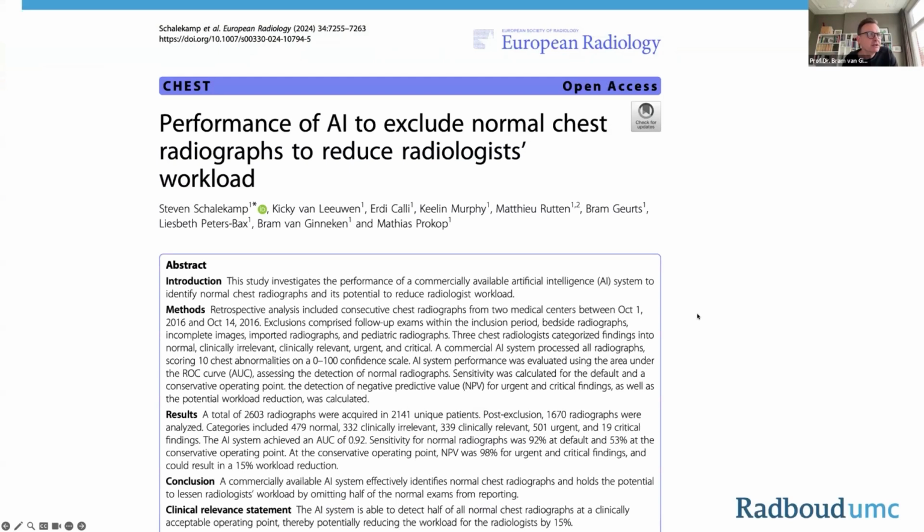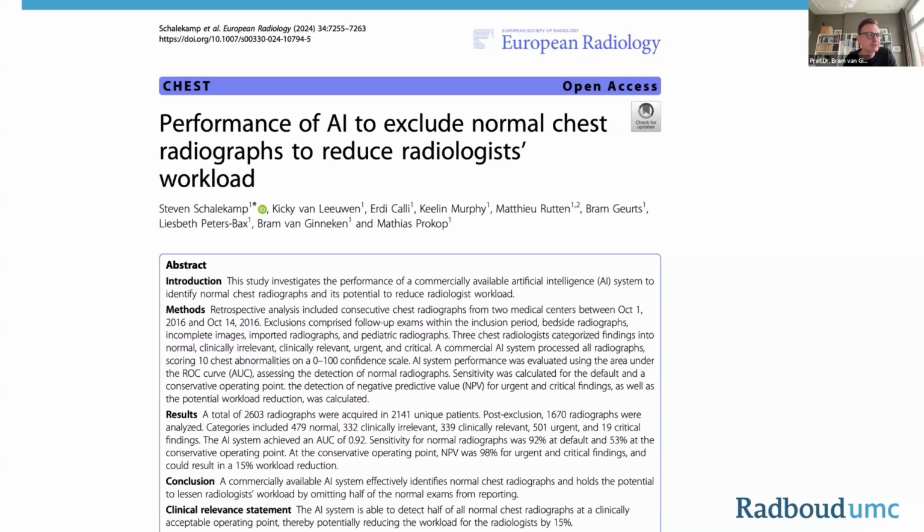We have done in our university group a study published last year where we looked with another software, from Lunit, if it is possible to automatically write a report that a case is completely normal if the AI system does not detect any abnormalities. Because then potentially radiologists will no longer have to look at these normal exams.